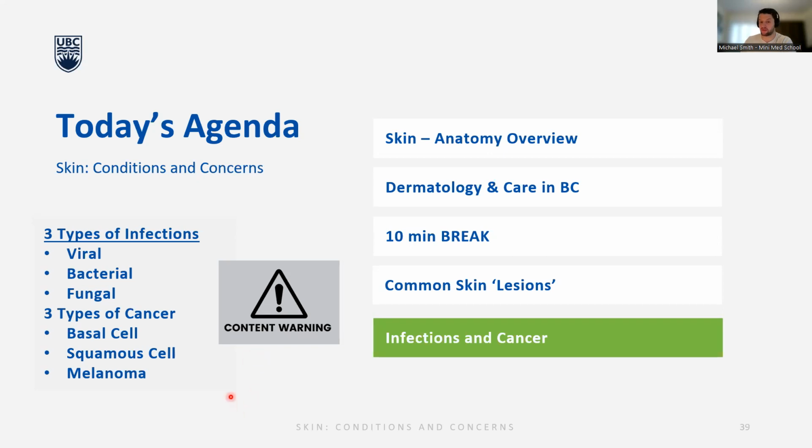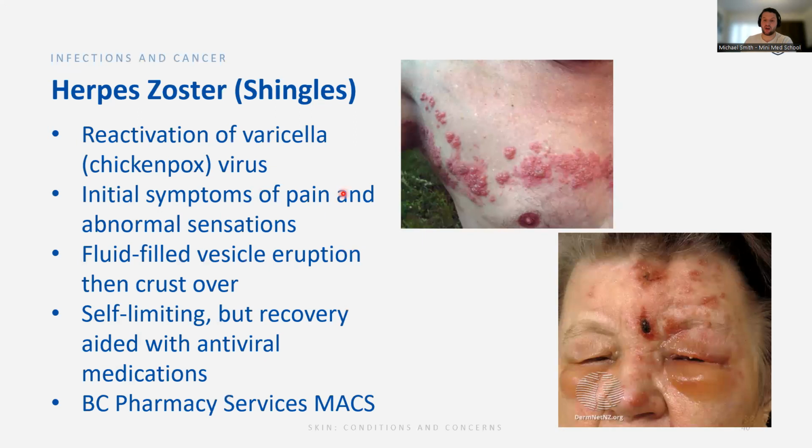But we're going to start with the viral infections of the skin. So here's an example that I picked that may be more relevant for you all, or you may have had it or heard of this, is herpes zoster or shingles. So shingles is the name given to the clinical presentation of what happens when the chickenpox virus is reactivated in our bodies.